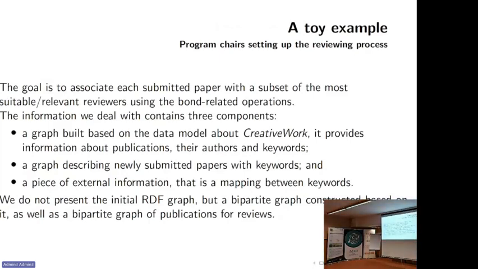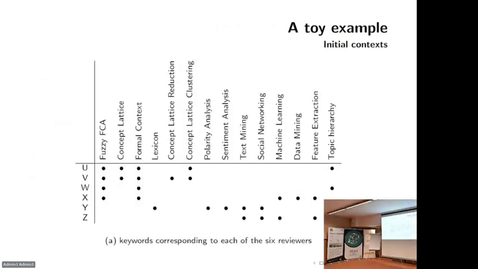And then a piece of external information, which is the mapping between the keywords, which can be exactly the same or from the same set, or can be similar. For instance, we can have 6 potential reviewers here, and there are several topics: fuzzy FCA, category theory, data mining, machine learning, and the like. And then some of them know this part, some of them know that part.